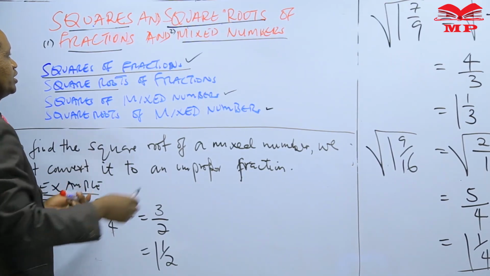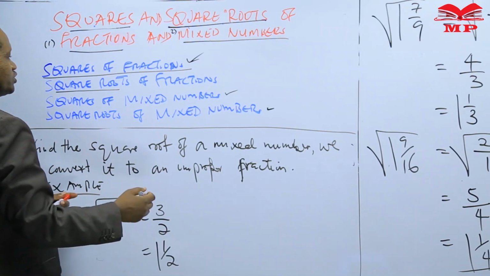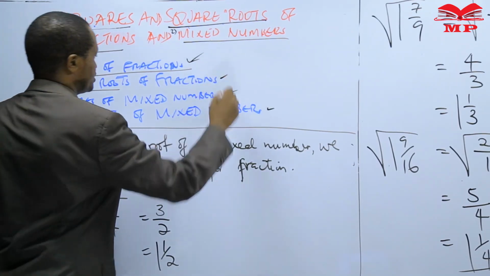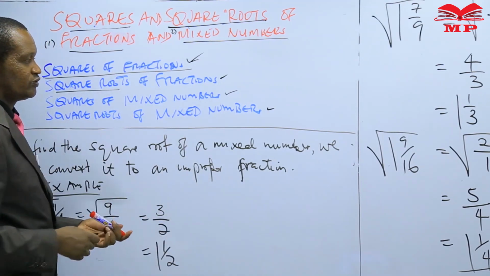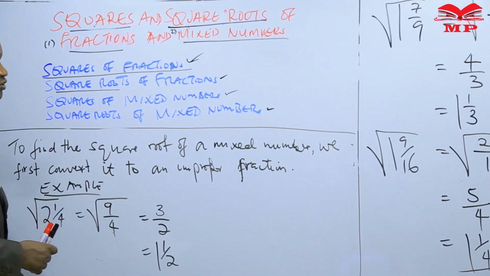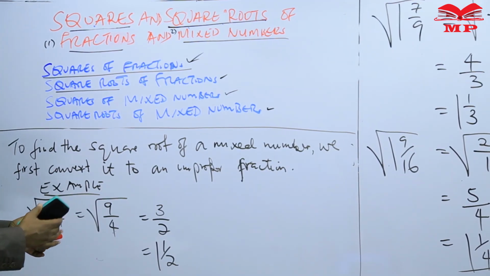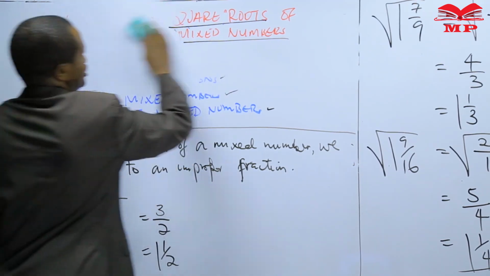Squares of fractions we have worked together here on the board. We have also worked out square roots of fractions, squares of mixed numbers, and square roots of mixed numbers.